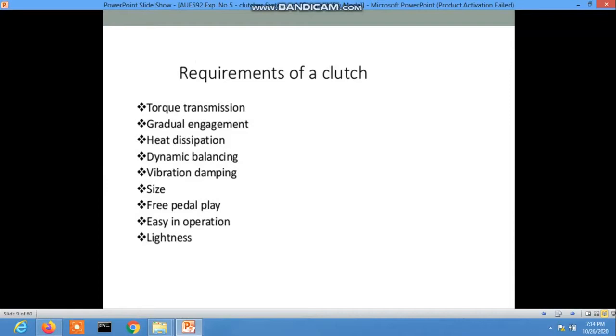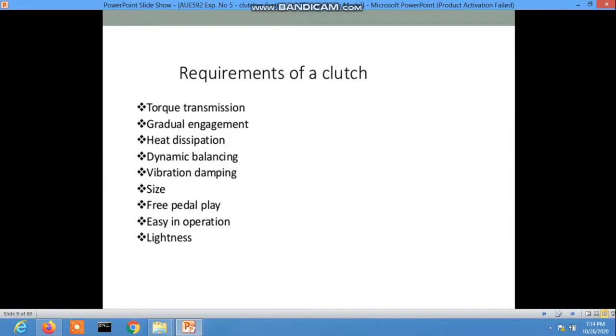That is called drag. And what is slip? Slip means the drive is not fully transmitted and the friction surfaces slide over each other, producing less turning effort. So this is called slip.